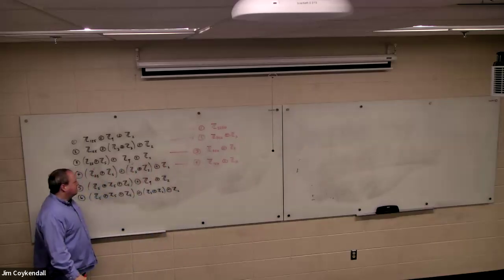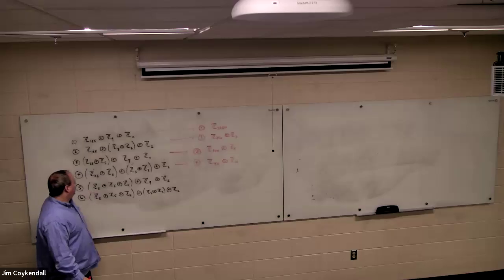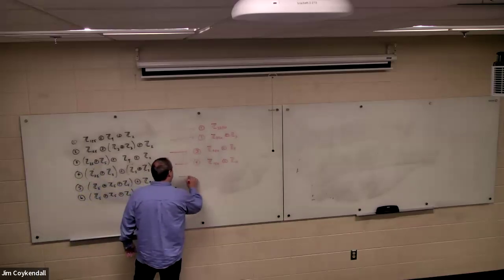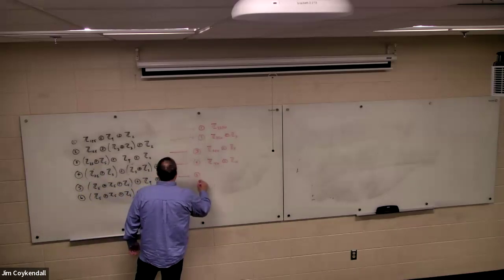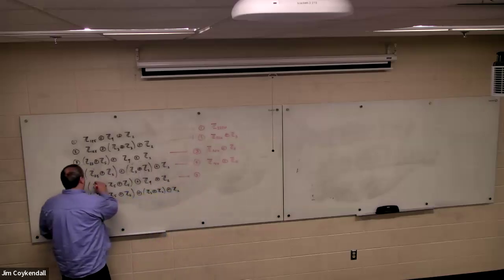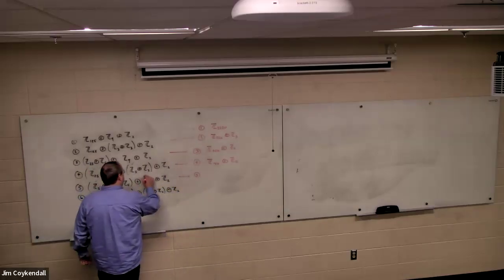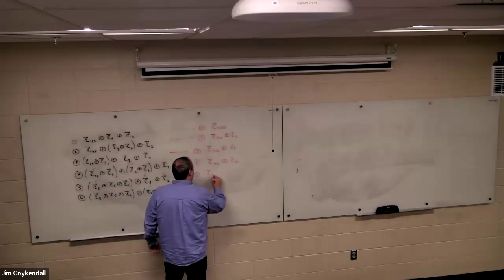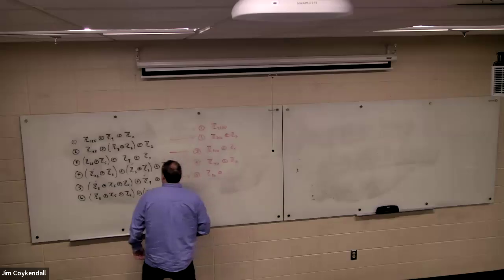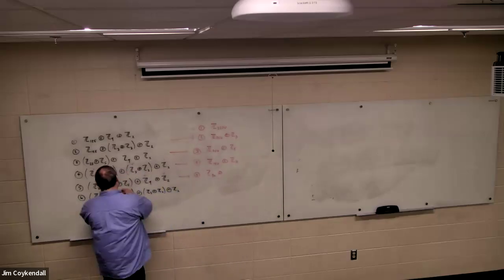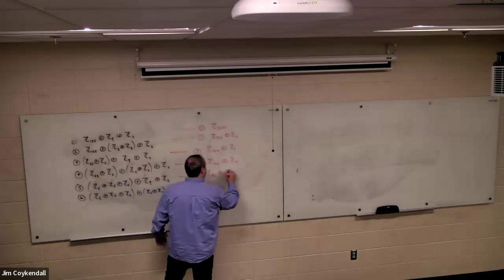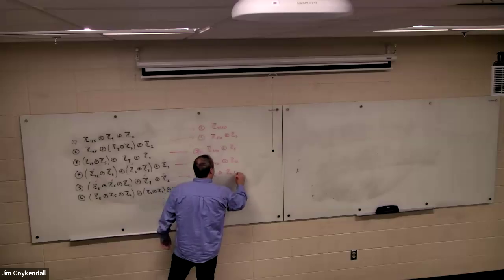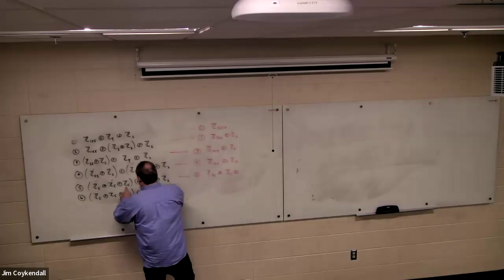How about this one? Well, let's see. 5 times 9 is 45 times 2 is 90. What's left over is 5. And there's another 5.